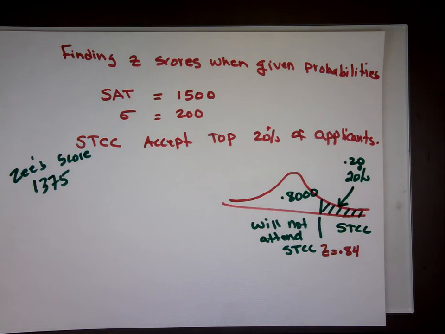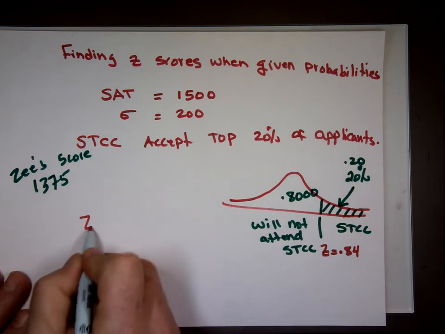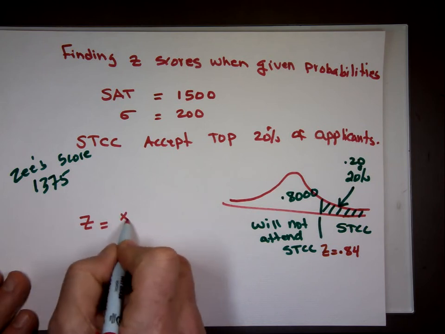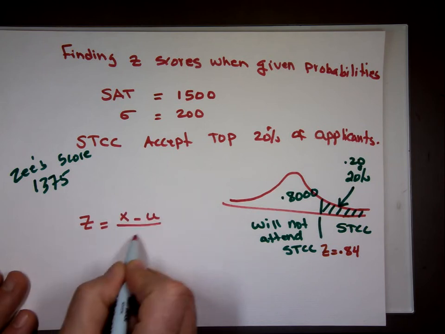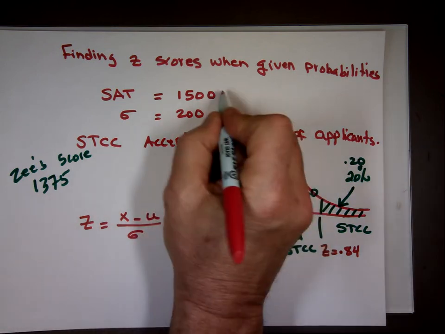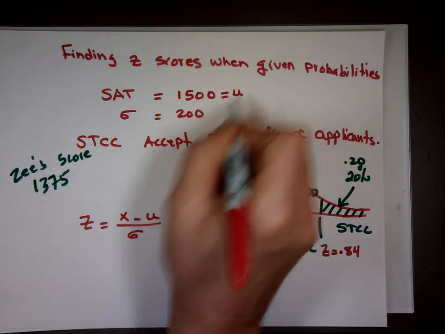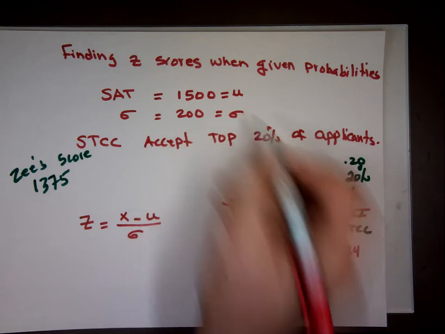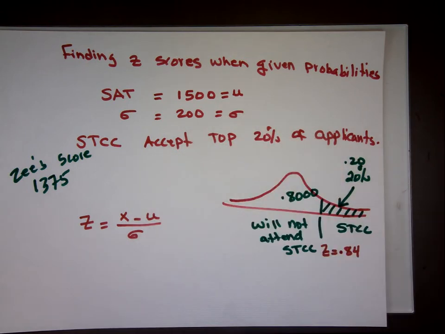If you remember from chapter 3, to calculate the z value, we said it's x minus mu divided by sigma. I forgot to give you the average. We know what the average is. This is mu, and this is sigma. So the z value is 0.84.